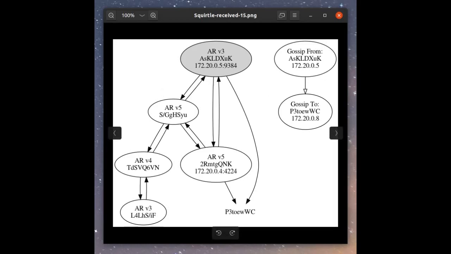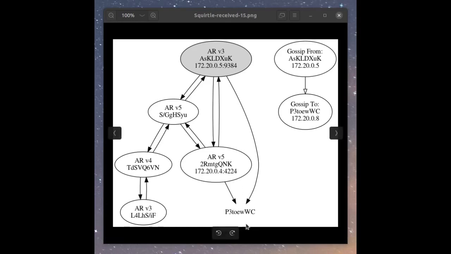However, if we look for that node that we killed, WJYX, you'll notice that it's not there. It's gone. We're not gossiping about that node. And everything that we are gossiping about has a double edge.